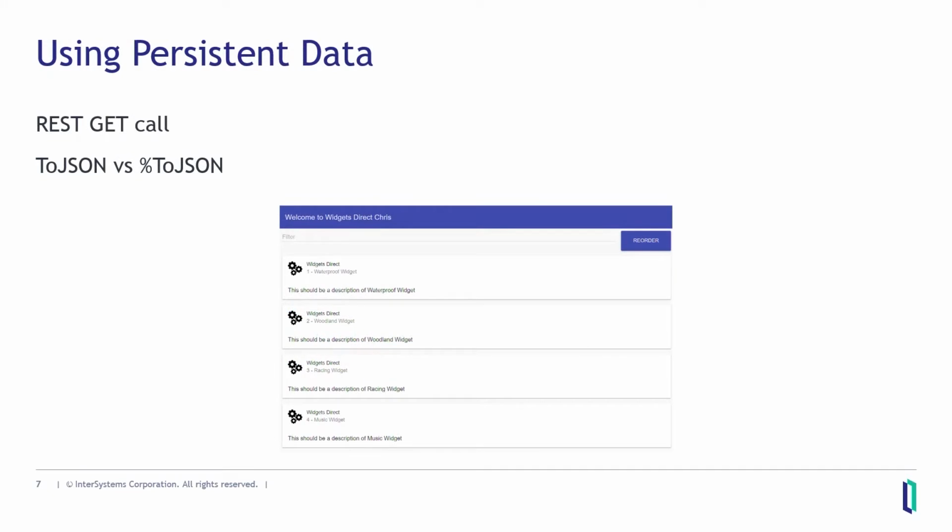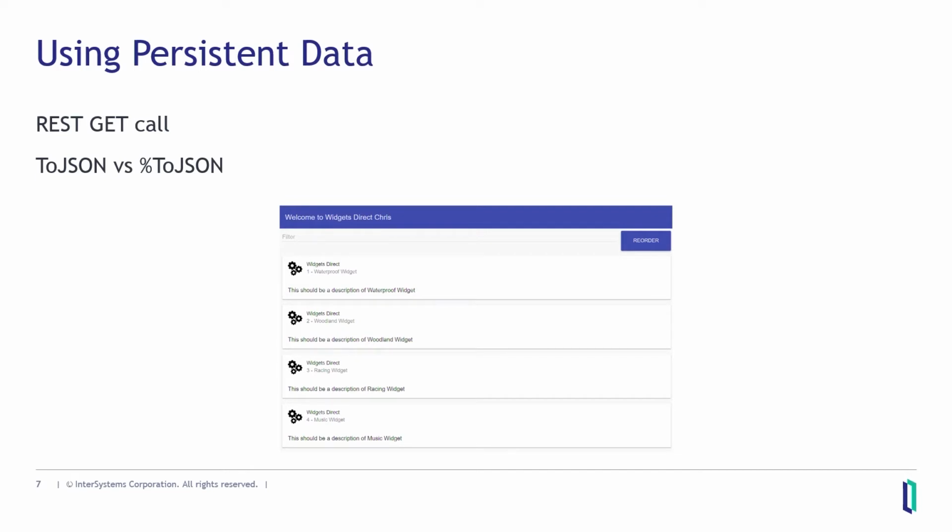We're also going to start using persistent data instead of our 1 through 10 widgets. So we have a widget class that we're going to connect to, and we're going to update our REST GET call to grab the data from that class. So how do we get the data from the class into a JSON object that we can read on the client? Well, this is where that %ToJSON comes in. We're going to write a custom utility method called toJSON, and there's a system method called %ToJSON.